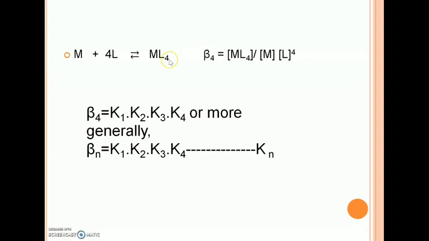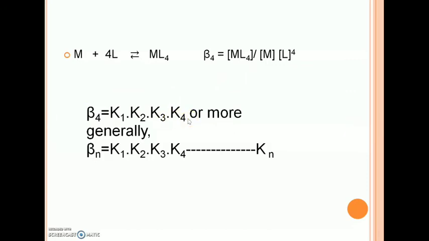Here there are 4 steps, so beta 4 is given, and beta 4 is equal to [ML4] divided by [M] into [L] raised to 4, and also beta 4 is equal to K1 into K2 into K3 into K4.